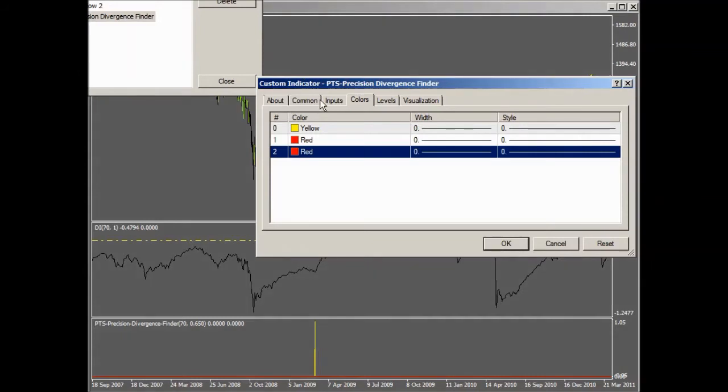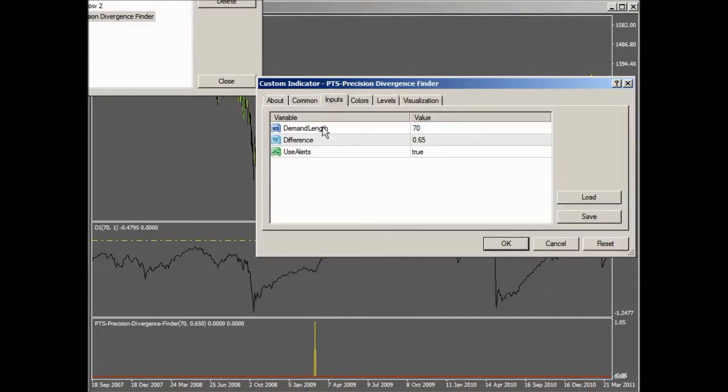So inputs, we're looking at demand index length 70, which is this indicator, and the difference we're looking for is 0.65. What that's doing is measuring if this is greater than 0.65 difference from here to where it was 70 bars ago, it will produce a number here. So the number is 1.